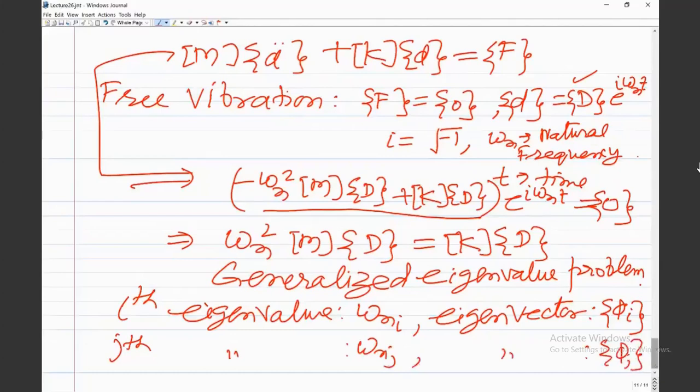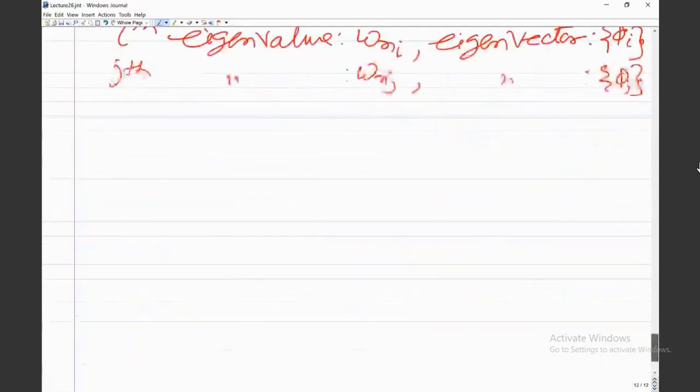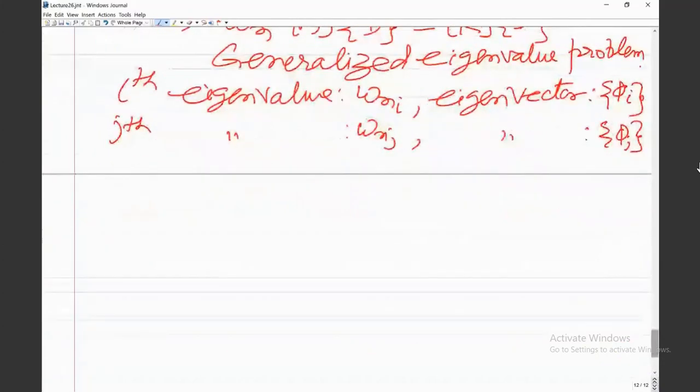We normalize the eigenvectors with respect to the mass matrix.